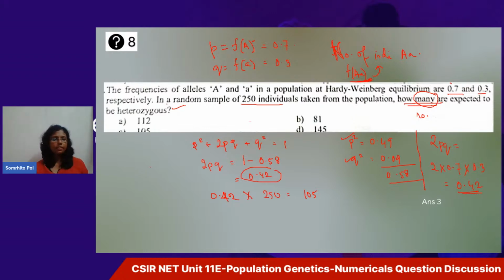If I want to convert the frequency into a number, I have to multiply the frequency with the total number. Understood, Komal? So whenever they're asking for how many, that means you have to give the answer in number, you always have to find the frequency and multiply it with the total.